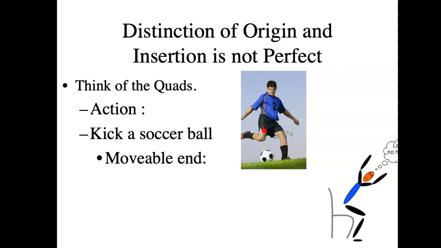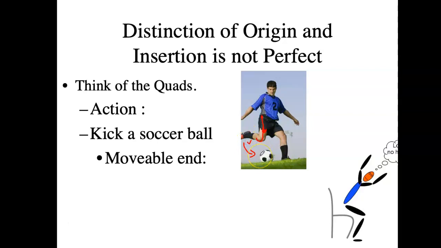And the action here is to kick a soccer ball. So he's going to kick it. And this muscle, the quads, are coming from the hip all the way down over to here. Okay, so is the hip the more movable part, or is this lower part here that's going to kick the ball more movable? This is going to be the more movable end, correct?